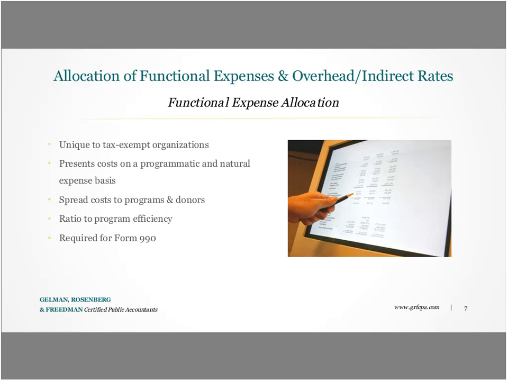And so the statement is typically presented in a matrix format, and we have our natural expense categories, so our salaries, our travel, and whatever other expense categories that we've identified are common for the organization, as well as program and supporting services.